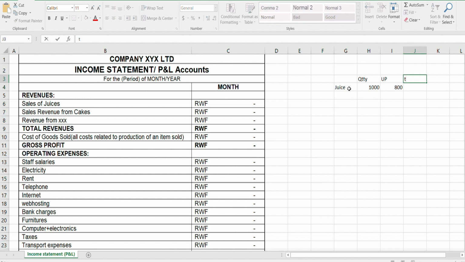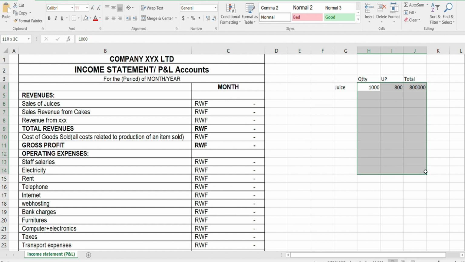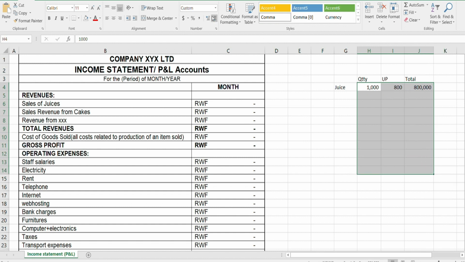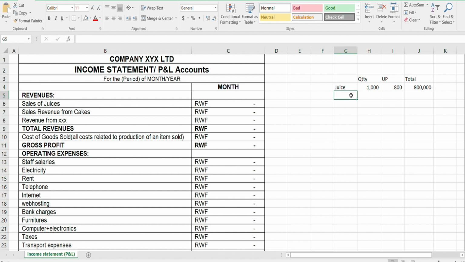Then in total we'll have an amount of 800,000 per month. We are using this example, but you will use your own. So we also have some cakes. Let's say we are selling 2,000 cakes per month.